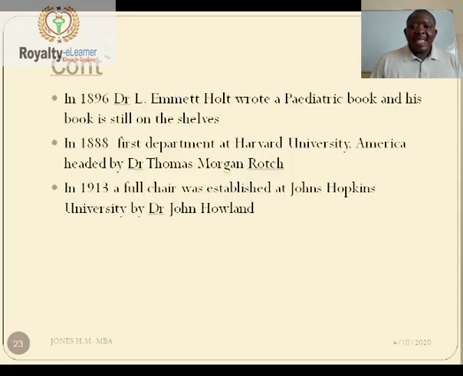In 1896, Dr. L. Emmett Holt wrote a pediatric book, and this book is still on the shelves as I speak today. In 1888, the first pediatric department at Harvard University medical school, headed by Dr. Thomas Morgan Rotch, was also established. By 1913, a full chair was established at Johns Hopkins University by Dr. John Howland.